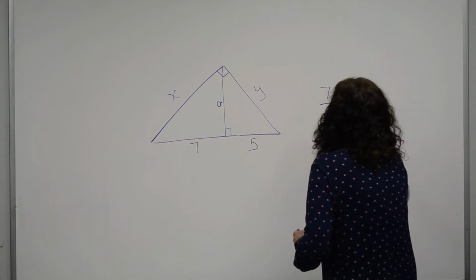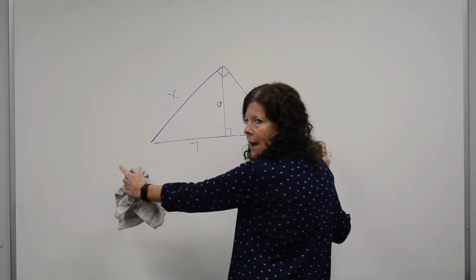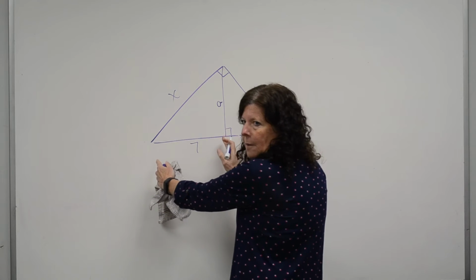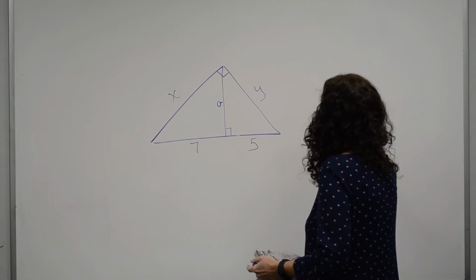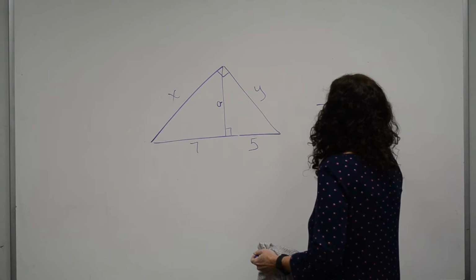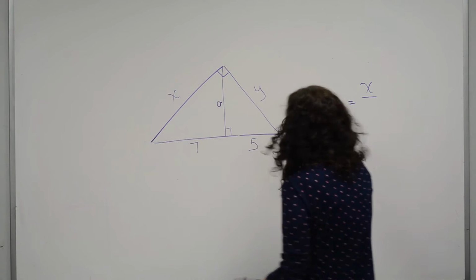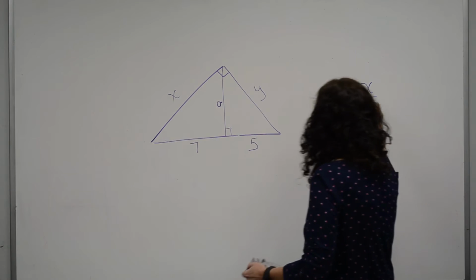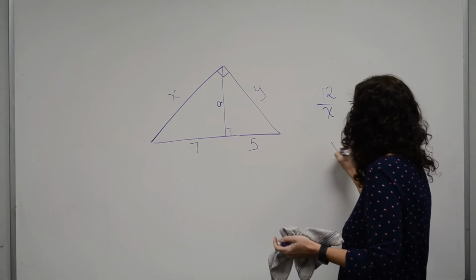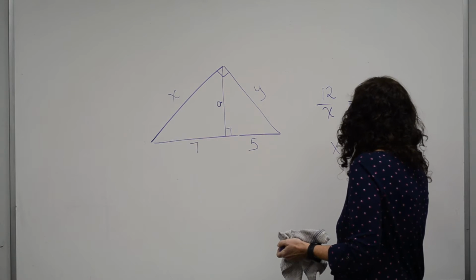We found out that the leg is the geometric mean between the whole hypotenuse and the part of the hypotenuse closest to it. So let's say we're trying to find x. I'm going to put x in the geometric mean location. The whole hypotenuse would be 12, right? The part of the hypotenuse closest to x is 7. So then x squared is equal to 84.